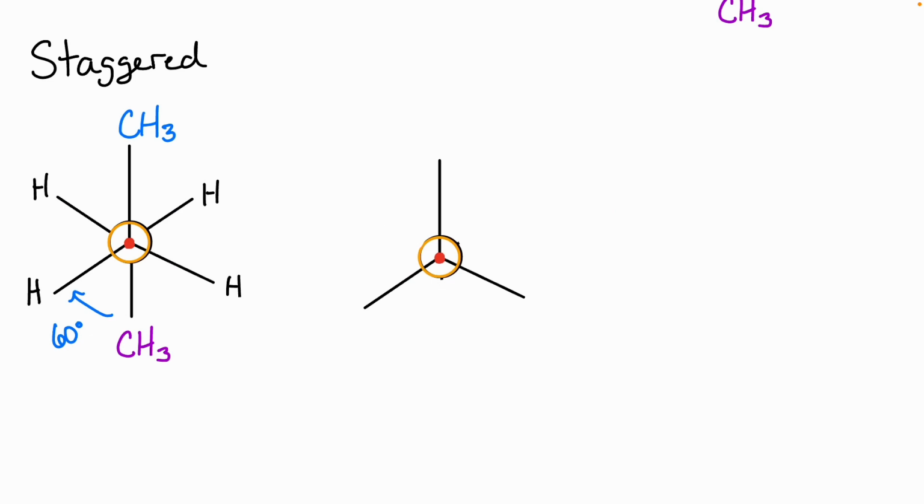So for my front carbon, I have that blue methyl group up top and those hydrogens on the bottom. But now that back carbon has rotated so that my bonds are in an eclipsed conformation, where they're parallel to the front carbon bonds.